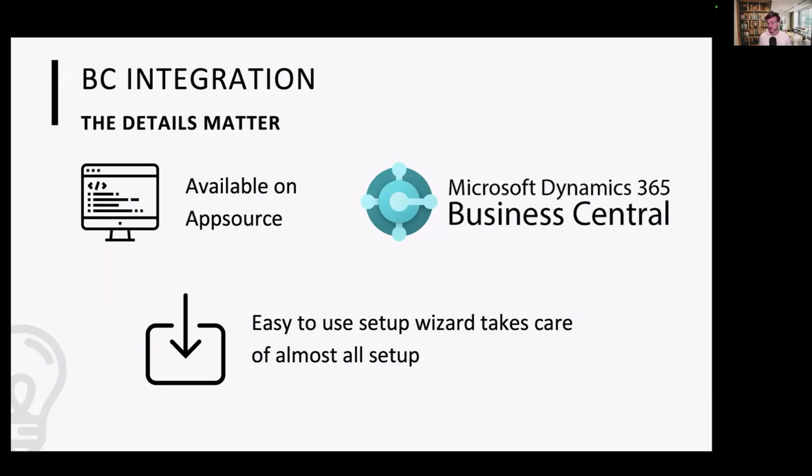You can talk to somebody who claims they have AP automation solutions that integrate with Business Central, and what they might mean is they're giving you an Excel file, which is technically compatible with BC, and that complicates the whole process. Now you have a whole separate system that you need to manage as well. We're built inside BC wherever it was necessary, which makes the setup easy, and I can touch on that in the demo as well and talk about the different syncs that happen, because the details matter on that. I'll make sure to show you the wizard on that as well when we get to the live demo portion.